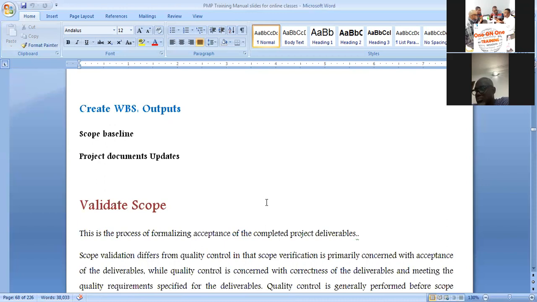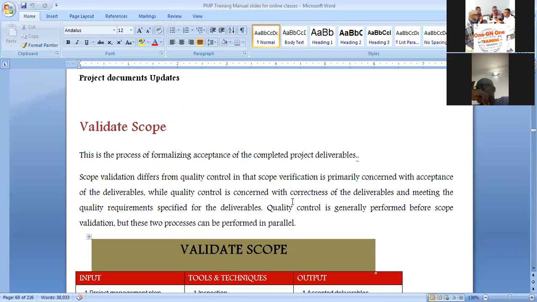So next on your list, after the work breakdown structure, we have what is called validate scope. And this is the process of formalizing acceptance of the completed project deliverables. You are formalizing acceptance. What are you doing?